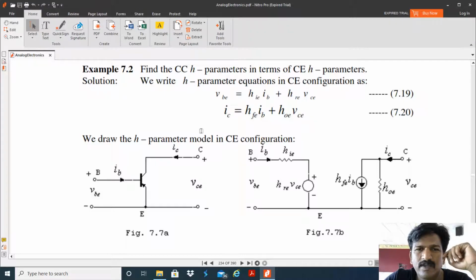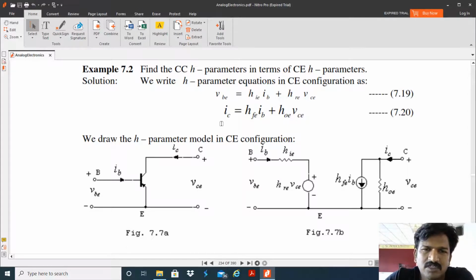First, we have to write the h parameter equations in CE configuration. VBE is the base to emitter voltage, that is the input voltage, equal to HIE IB plus HRE VCE.